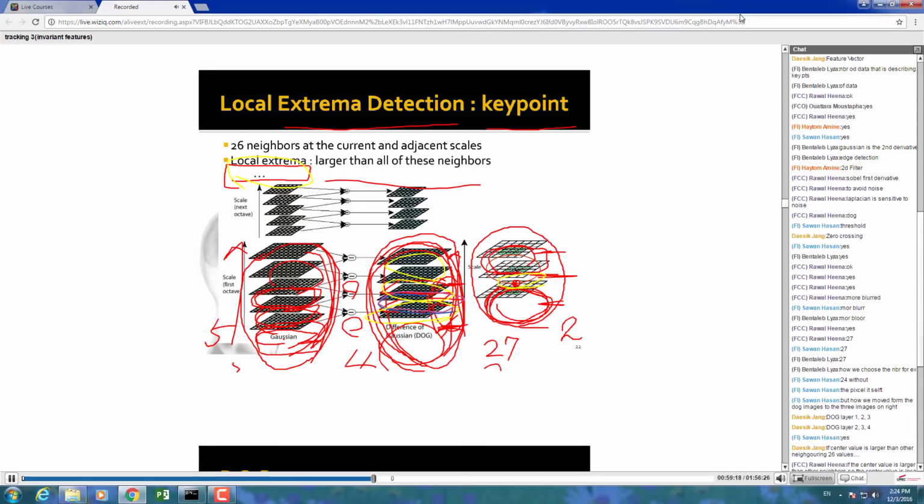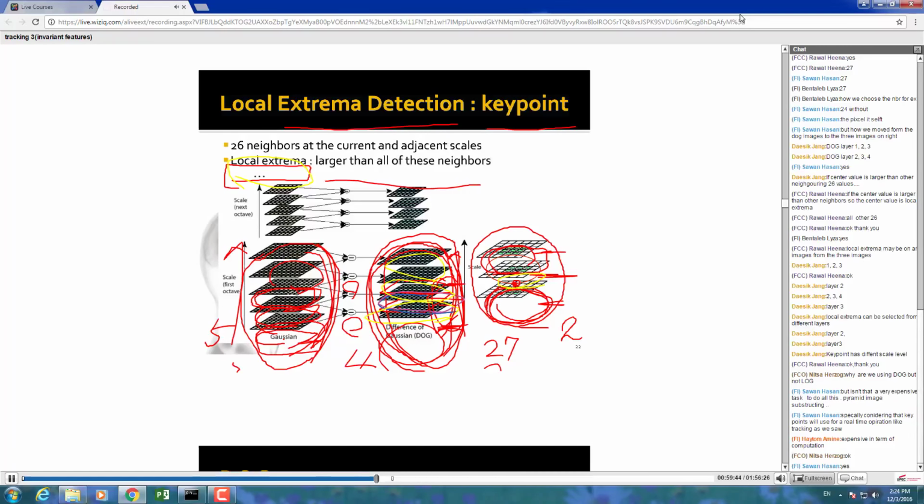SIFT was a very early version of invariant features, showing the possibility of scale invariant local features. It was 2004, more than 10 years ago. Since then, many researchers have studied more and developed much faster algorithms. Make sense?